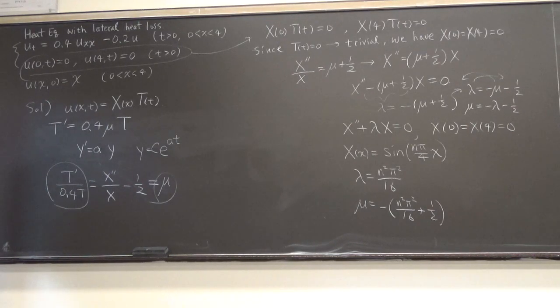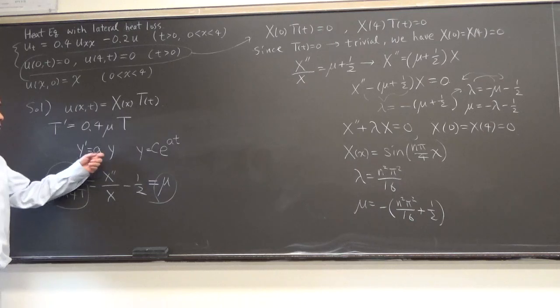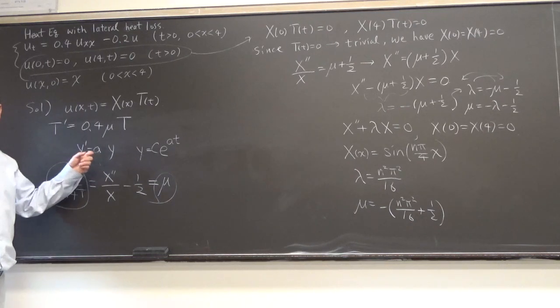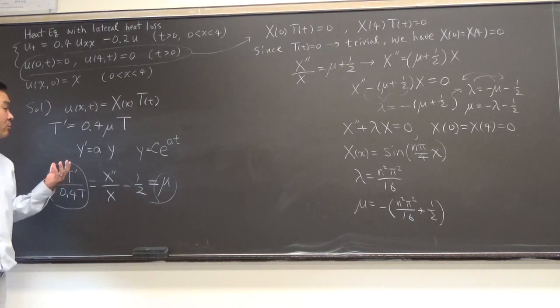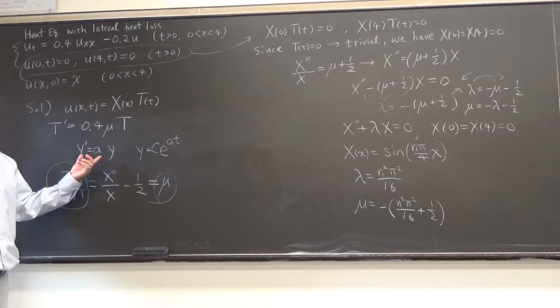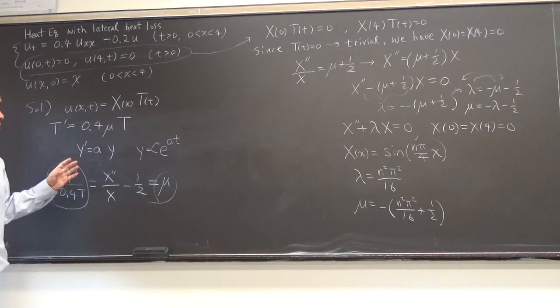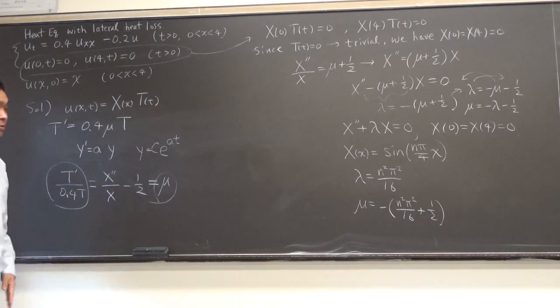You can just plug this in to see that it works, or if you are not happy with it, you can always divide by y on both sides and integrate both sides, because y prime over y integrates to ln of y. You know that, right? The right side becomes at, and then if you solve for y, you get exactly this. Okay?